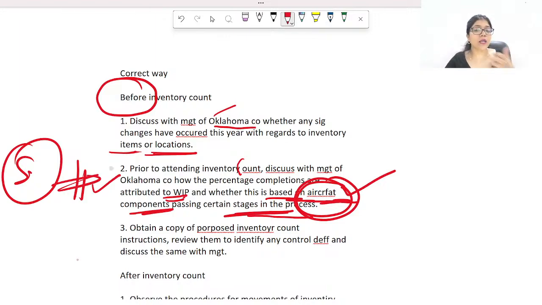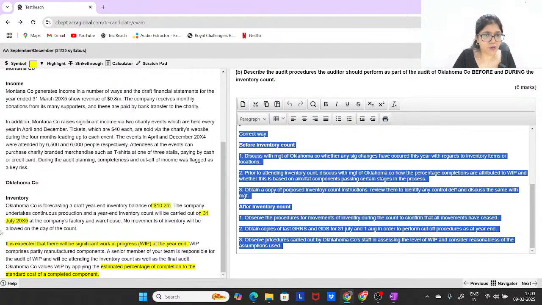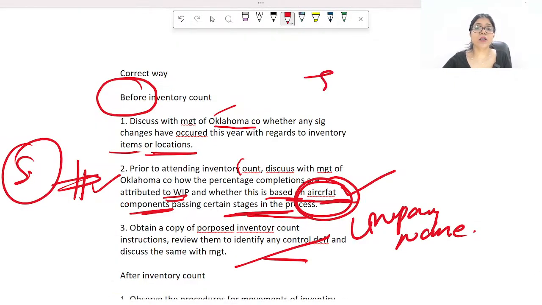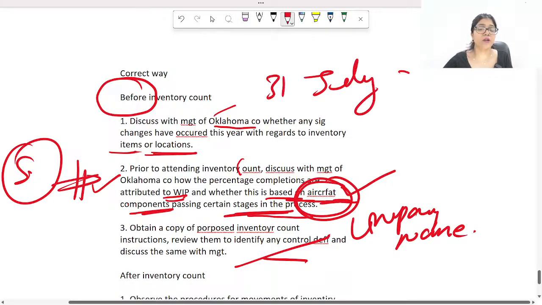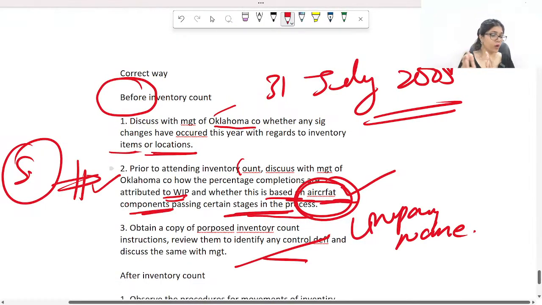Now what all you can include over here, you can write the company name over here, right? You can also write the year. I think they mentioned the year also, right? Yeah, 31st July 2005. You can mention the year also over here if you want. And then we can also write, do you think that we can use $10.2 million anywhere in the before one?